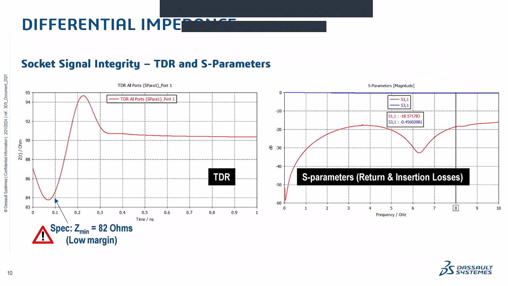The spec was 90 ohms plus or minus 8 ohms, so between 82 and 98. But it's dipping down to just below 84 ohms, so it's a little bit close to the spec, and we thought, okay, let's try and improve that. Okay, so we also looked at the S parameters on the right, and generally speaking, they were within the specification.